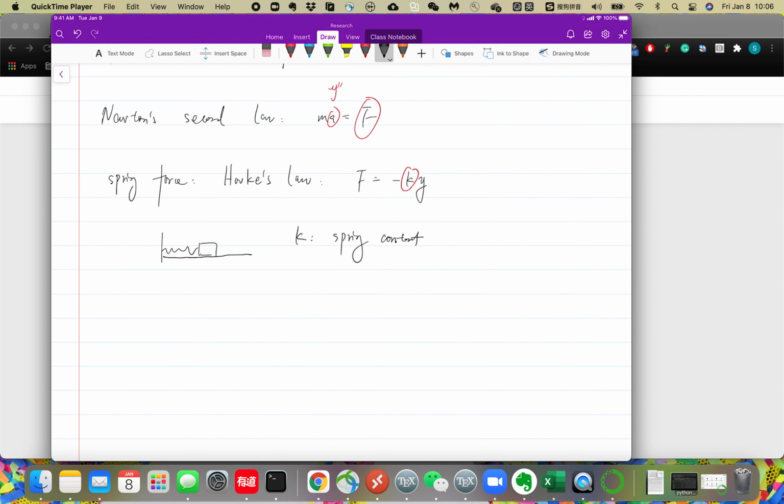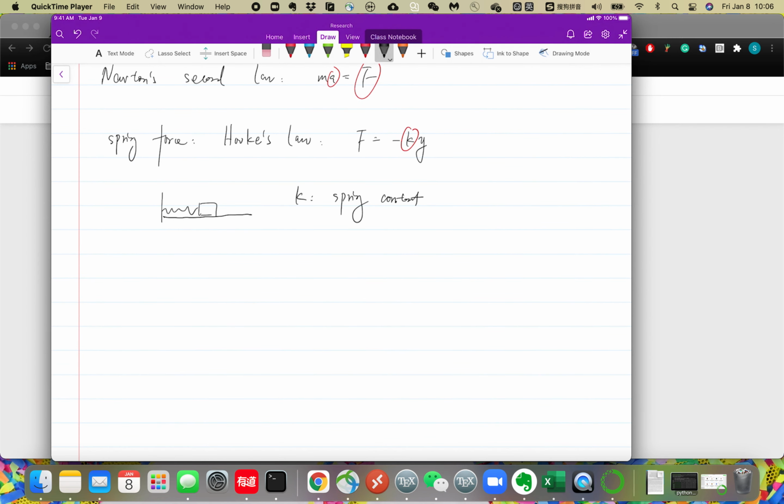If k is big, that means if you just stretch that thing a little bit, you are going to have a very big force. And if the spring is really loose, then you are going to have a small spring constant. Second, it's proportional to y. What do you mean by that? That means the spring is going to give you a bigger force the further you stretch it. So if you just move this one a little bit, well, you are going to have a force, but only a few.